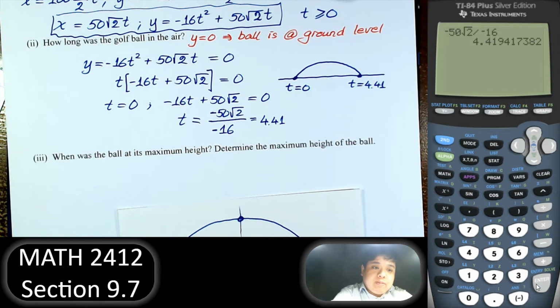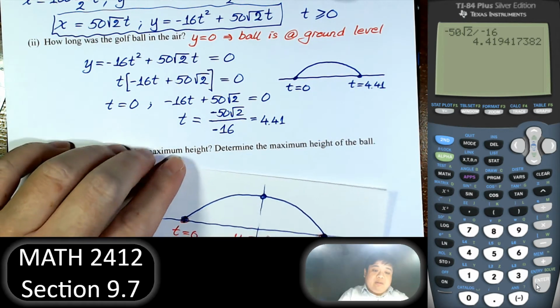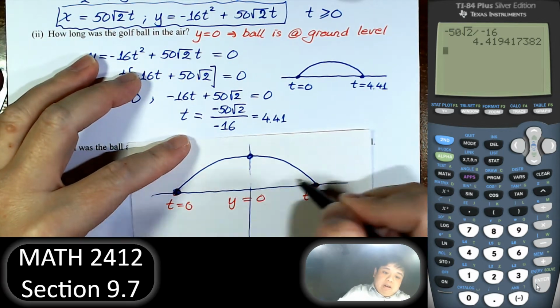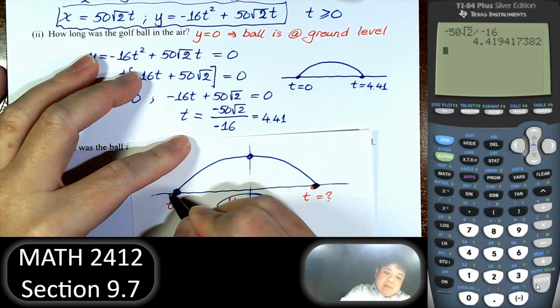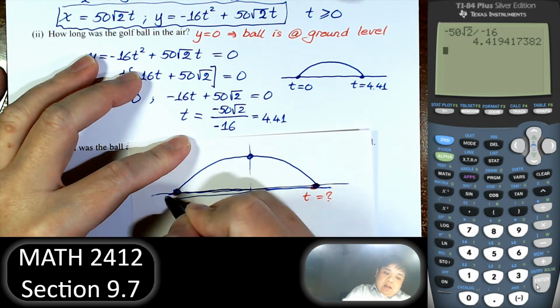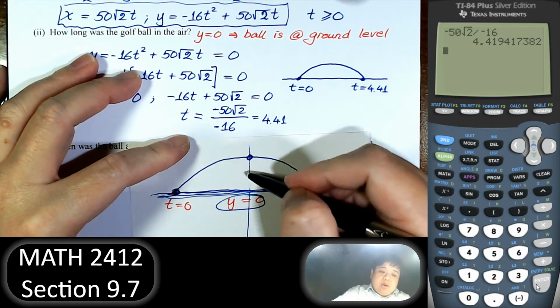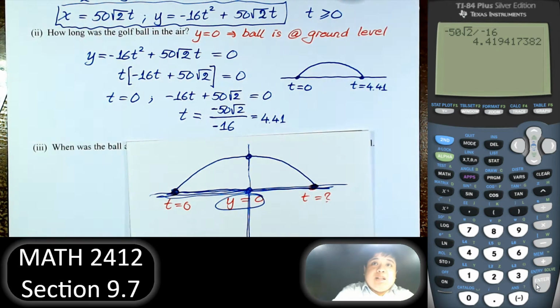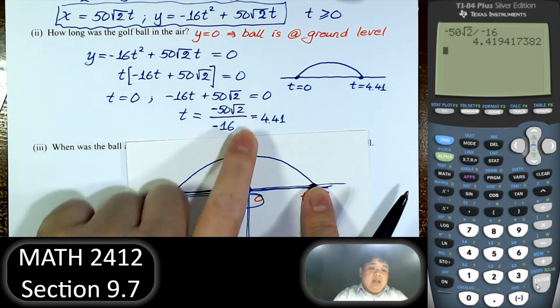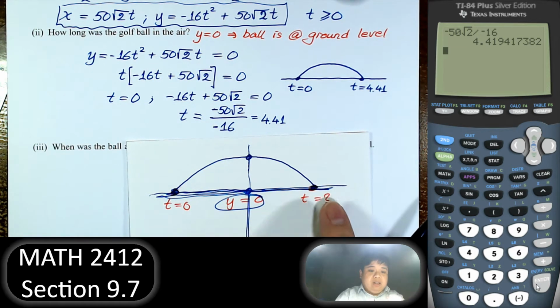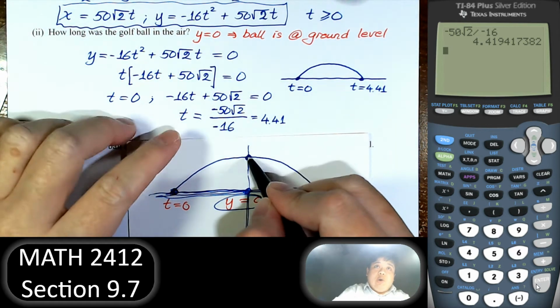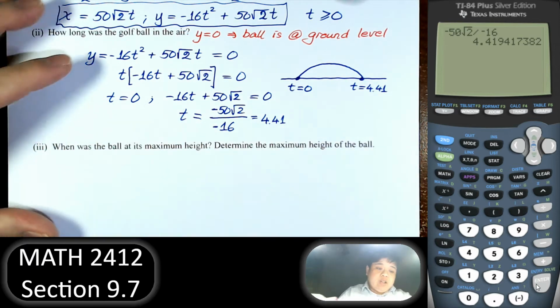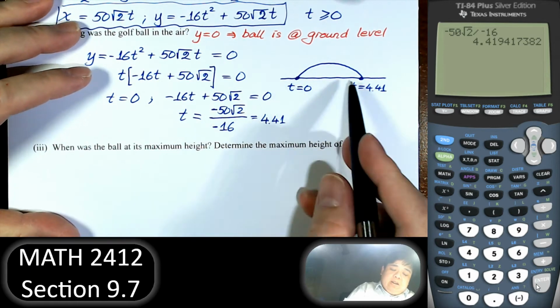By the way, the reason it is halfway is because both of them have y equal to 0, the same y values. So cut that in half. We should have where it is the maximum height, because it is the axis of symmetry. The line in the middle will be the line of symmetry, and it will go through the vertex. So the vertex will be at the middle of this.